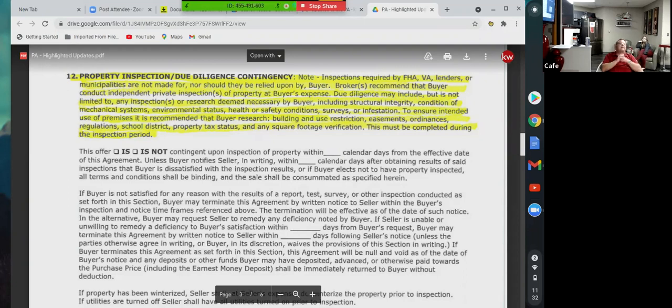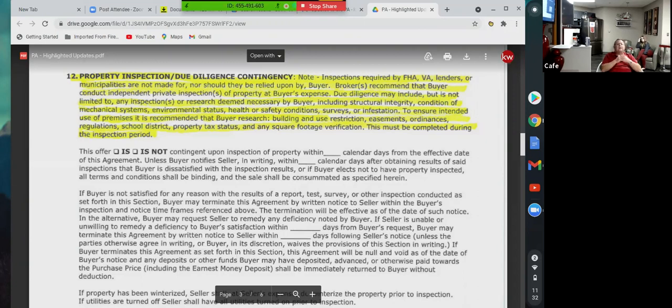Now, if I have my private inspection on day 2 and my radon's not going to be done till day 5, you're fine. Just don't respond to the client or to the agent after day 2, saying my private inspection, everything's good. Because guess what? If you tell them everything's good, you're kind of screwed.